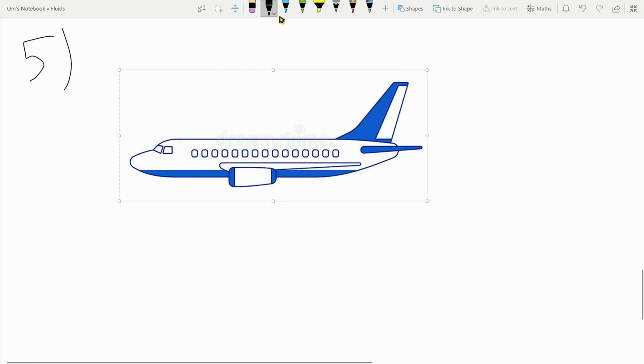Alright, so I've got a random stock photo from the internet for the purposes of illustrating the last example. Like we saw in the previous case, we need a pressure difference between these two points for there to be a lift, yeah? But in this case, the aeroplane is not spinning. Normally an aeroplane just prefers to move straight through the sky. It doesn't like spinning, yeah? The actual details of how the difference in velocity is created is more a matter of engineering.